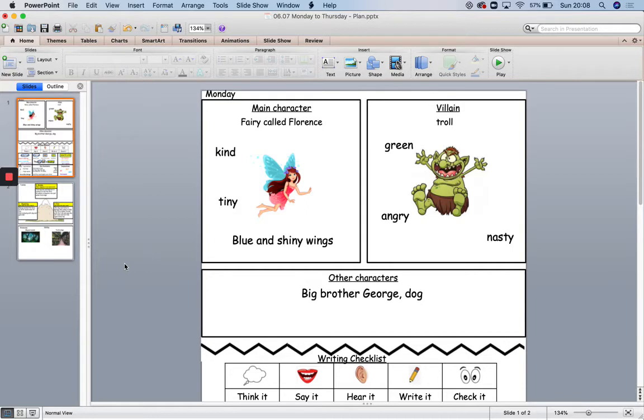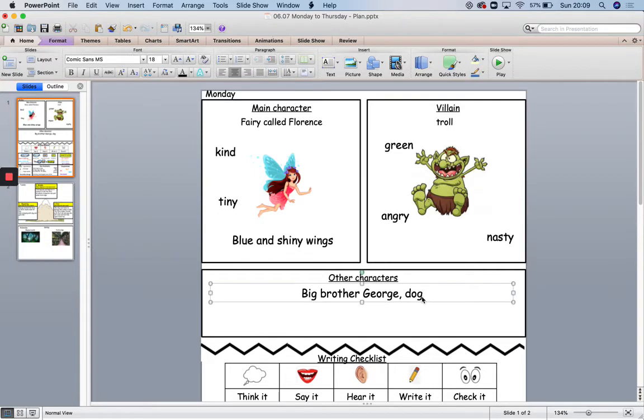So I decided down here as well that I'm going to have 2 other characters in my story. In Little Red Riding Hood and in Jack and the Beanstalk there was the children's mother. So I decided to have a big brother for my story, and I'm going to call him George because I've been reading George's Marvellous Medicine and I love that story, so I thought I'd use that name. I've also got the dog here who's going to be Florence's dog.